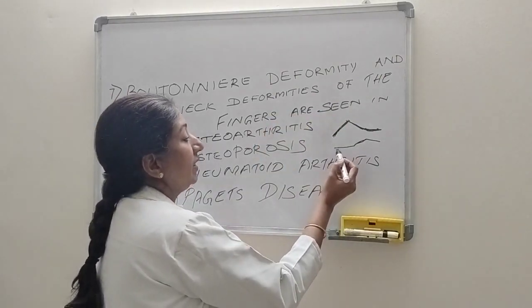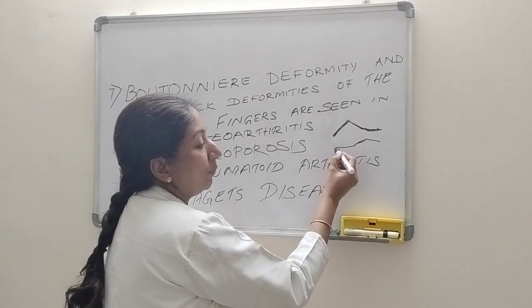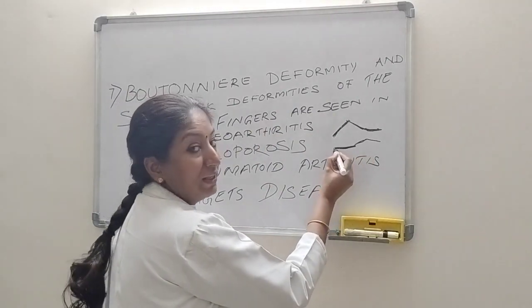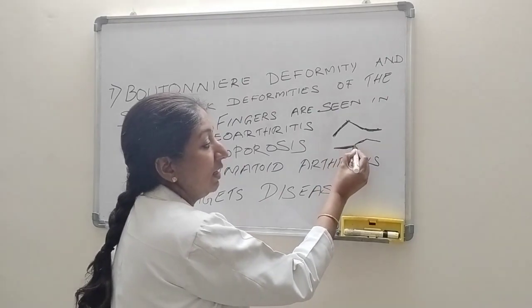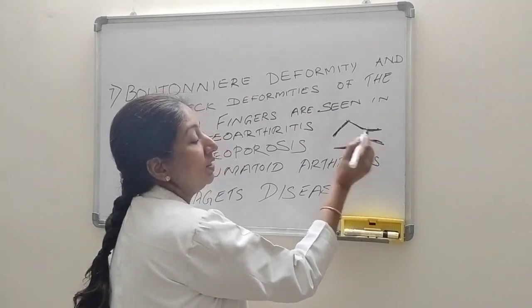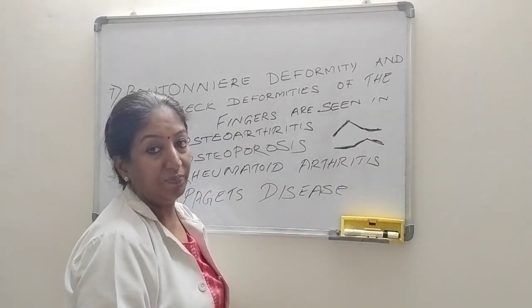Whereas in Swan deformity, the proximal interphalangeal joint is hyperextended and the distal interphalangeal joint is flexed.